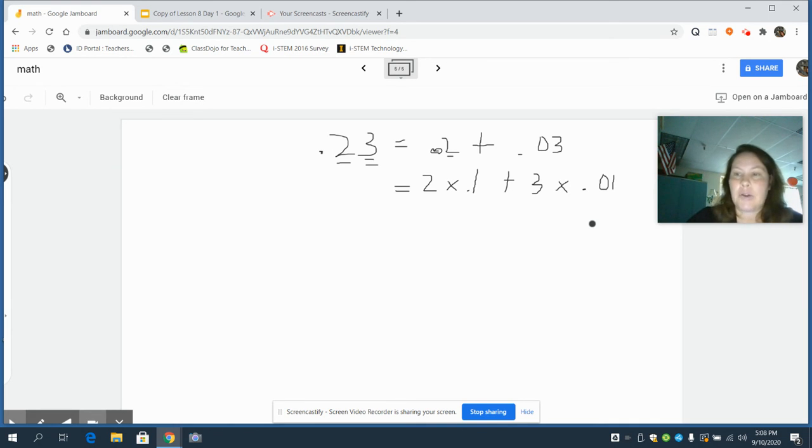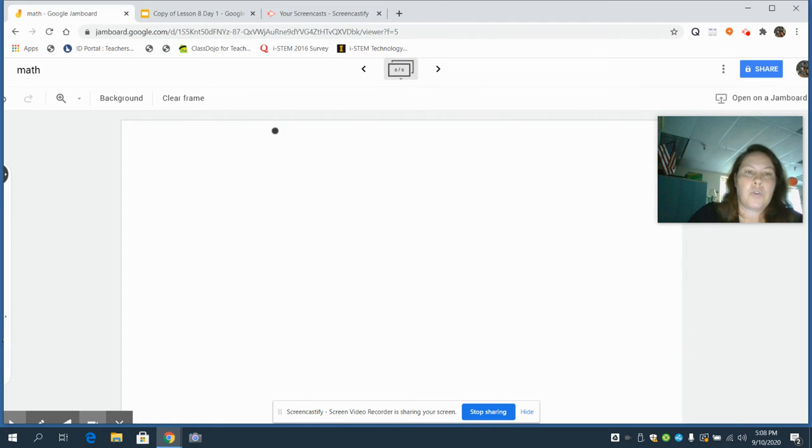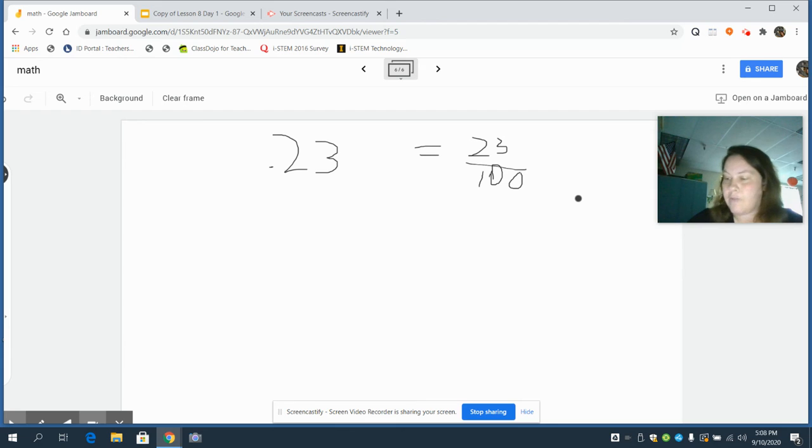Now let's talk about how to write this in expanded form as a fraction. So you've got 23 hundredths. If you wanted to write that decimal number as a fraction, you would write it as 23 over 100. All right, so let's talk about how to show that in expanded form. First, we look at the first digit in the number.